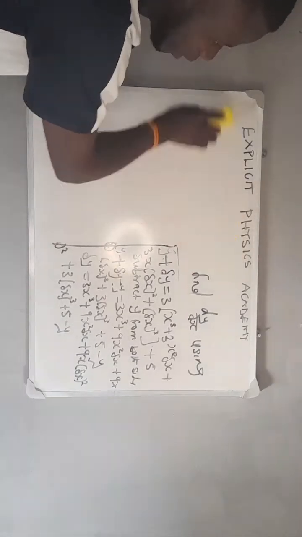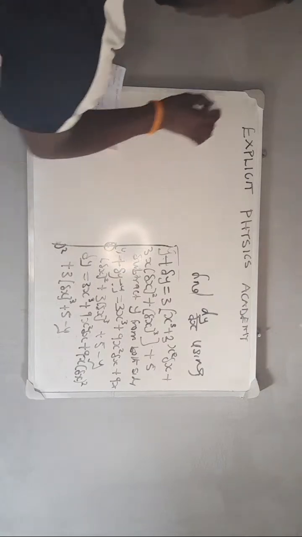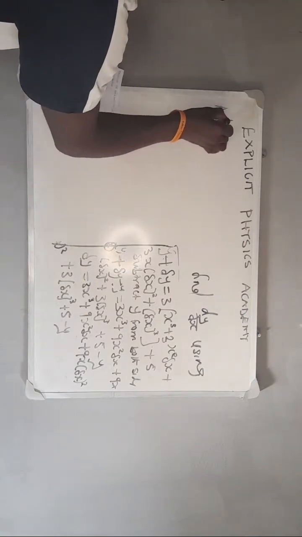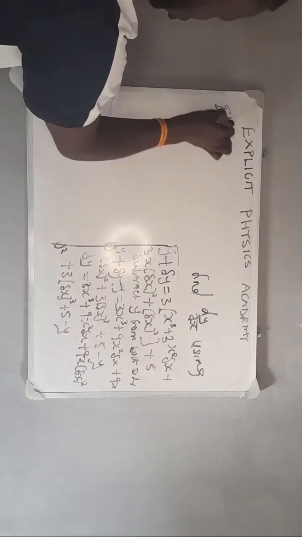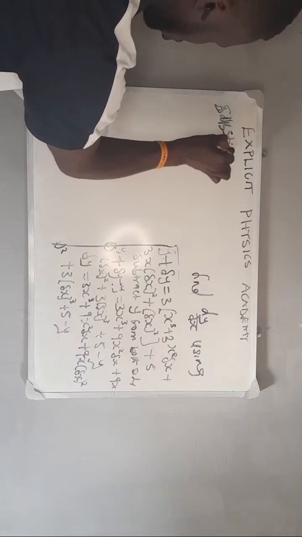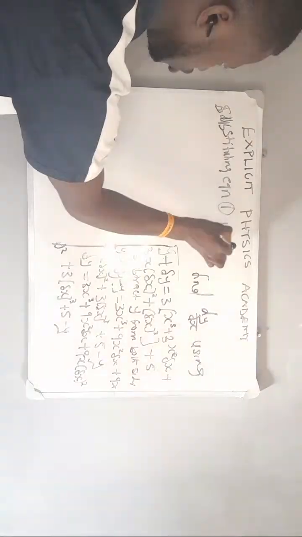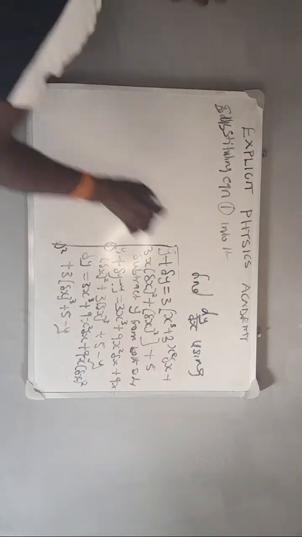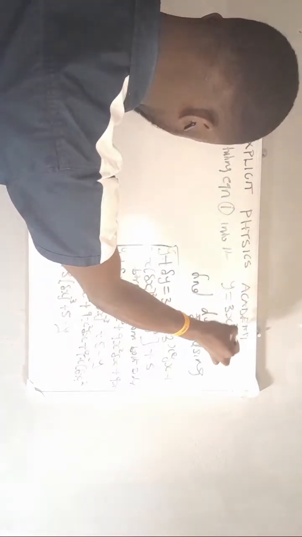Okay, so we've got it here. Now let us substitute equation 1. Substituting equation 1 into it, what do we have? Our equation 1 was y equal to 3x cubed plus 5.